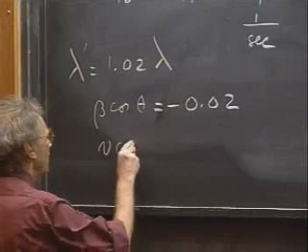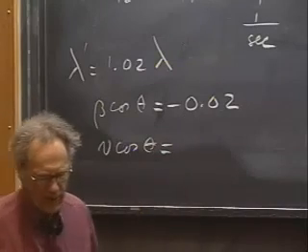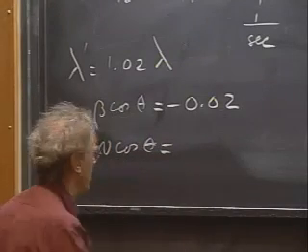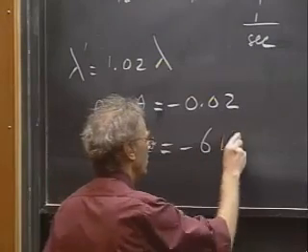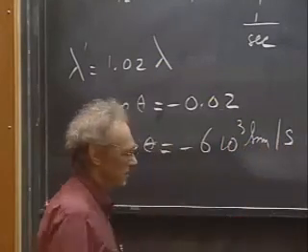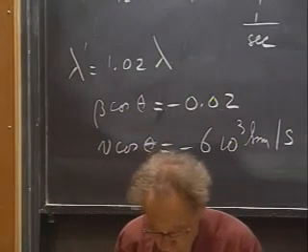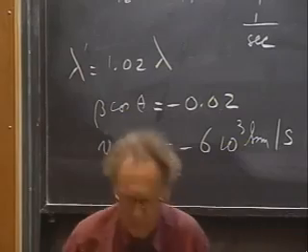And so v cosine theta then is this number times the speed of light, and that becomes then minus 6,000 kilometers per second, receding. So the radial velocity, receding speed, is 6,000 kilometers per second, which is about 2% of the speed of light.